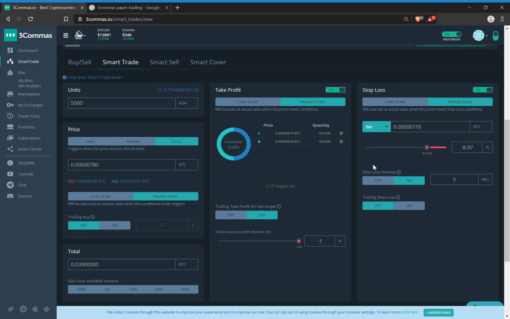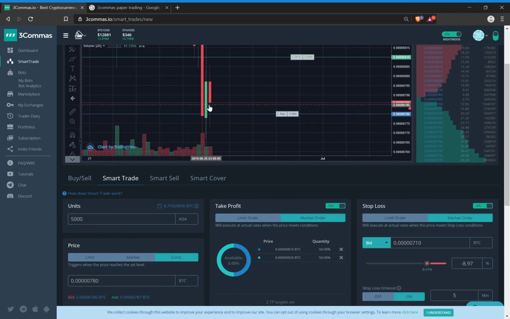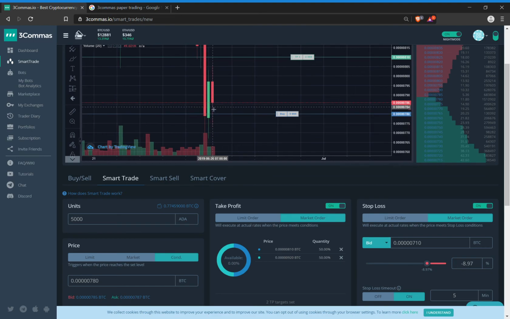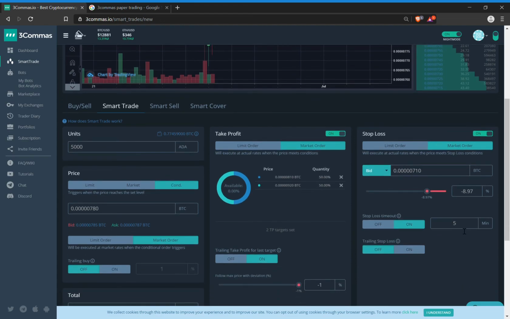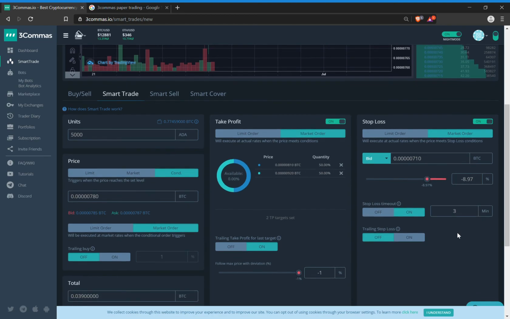If a whale or somebody were to come in and manipulate the price and throw in a big red wick and try to hit everyone's stop losses and come right back out of it and shoot right back up, it'll keep you in that trade even though that price of 710 Satoshis may have been touched. Because it has to stay within that price within a certain time limit. A lot of times I keep a 3-minute time limit.